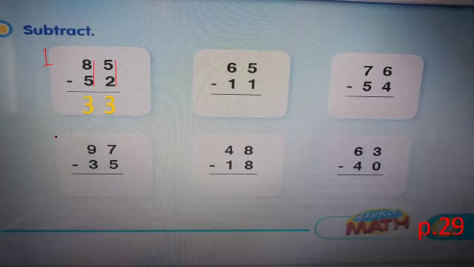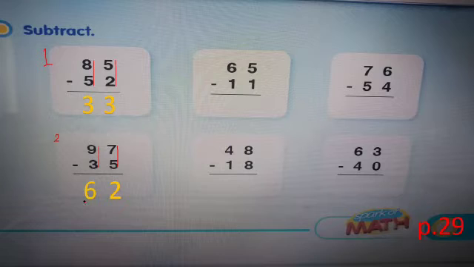Now let's move to number 2. We first subtract the ones, then we subtract the tens. 7 minus 5 equals, excellent, 2. 9 minus 3 equals 6. Great.